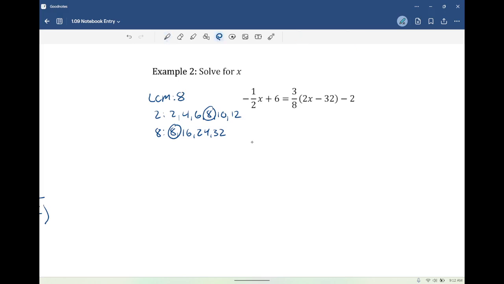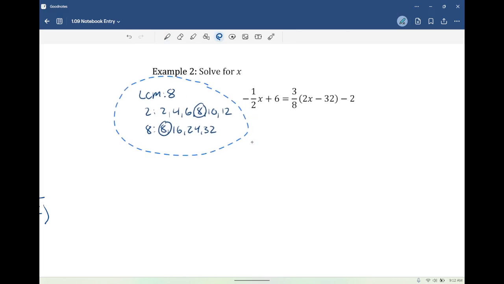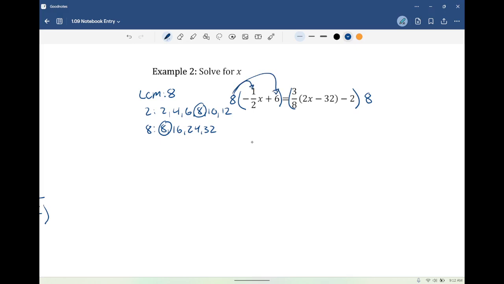Now, based on what you just saw me do, once I have my LCM, what should I do with it? Gianni. I'm going to multiply both sides by this 8. So I'm going to put parentheses around my equation, 8 goes on either side, and now I'm going to distribute. On the left it goes to the 1 and to the 6.